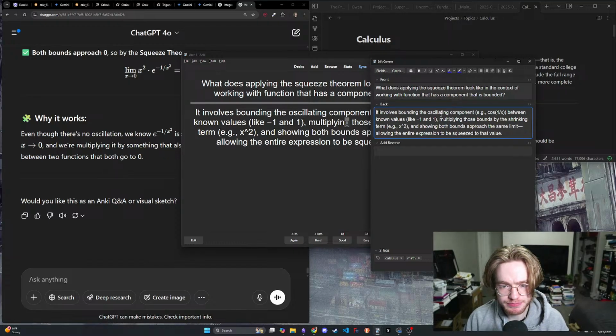So being that this is the case, it involves determining the bounds.